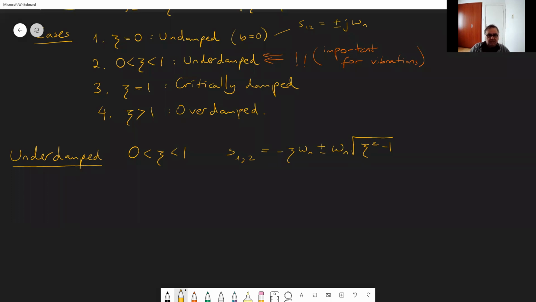So we will write this as minus zeta omega n plus minus j. Since it is a negative quantity, I will multiply it by minus 1, and the square root of minus 1 is j. Now I will change the sign: square root of 1 minus zeta squared. Since 1 is larger than zeta squared, this is the correct way of expressing it.